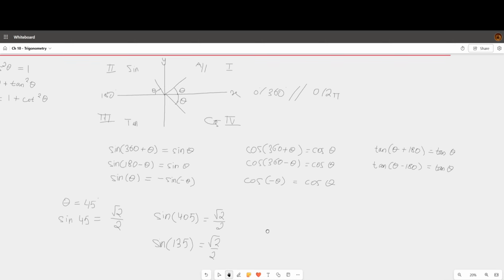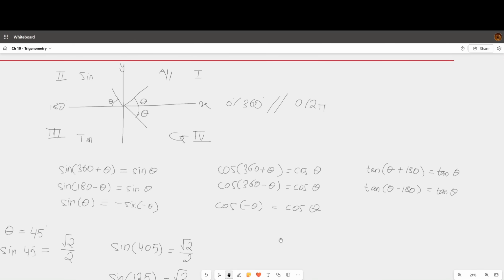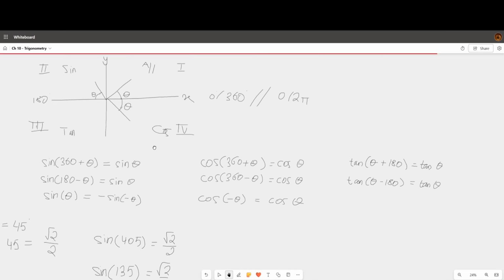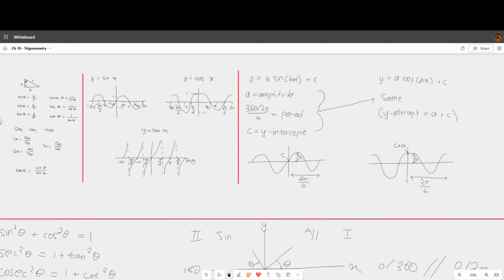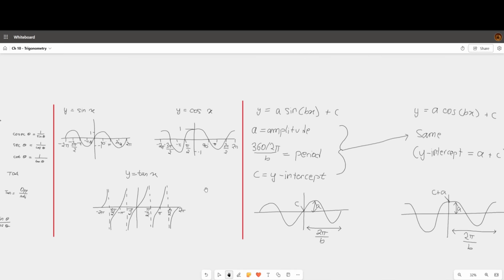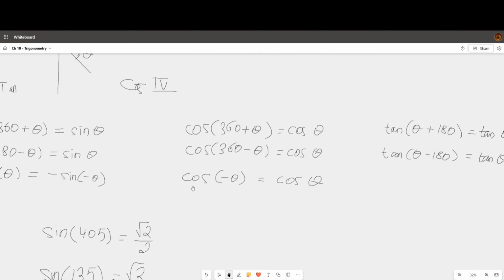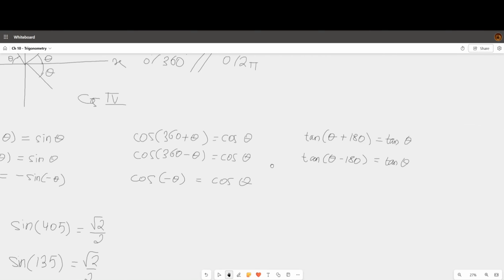Now coming over to cosine, again, cosine falls in the first quadrant for all, so 360 plus theta, and it also falls in the fourth quadrant, which is 360 minus theta. And then cosine, because of this property, of being a reflection in the y-axis, we say that cosine negative theta is just cosine theta.